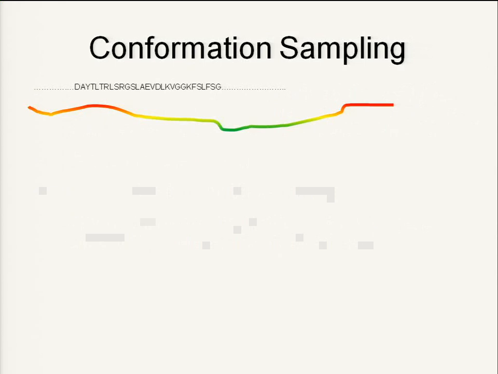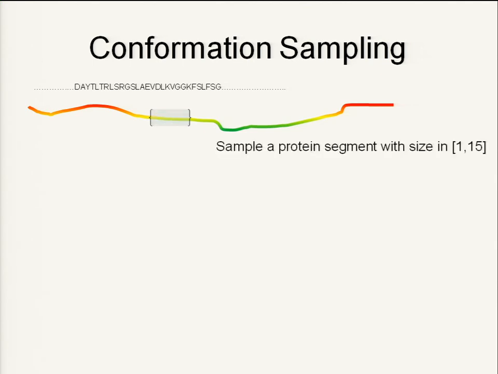So once we have this CNFFolder, the model is trained, and we can then sample the conformation. Given the sequence and the initial conformation, pretty random, firstly we sample a segment with size from 1 to 15.